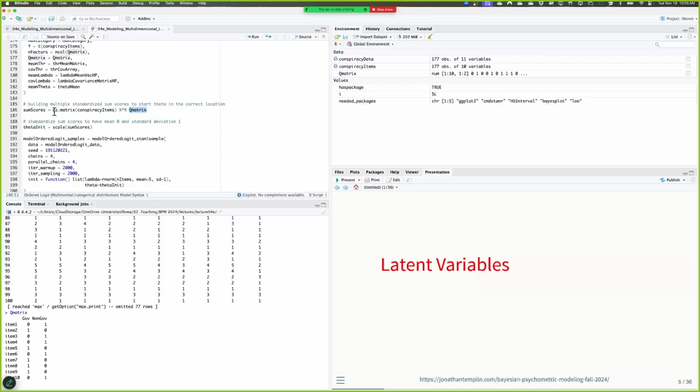If we take our data, turn it into a matrix so we can do matrix algebra to it, and use this function, this little percent-star-percent syntax in R, we end up with a matrix where each person's data is multiplying each column of the Q matrix and being added together.